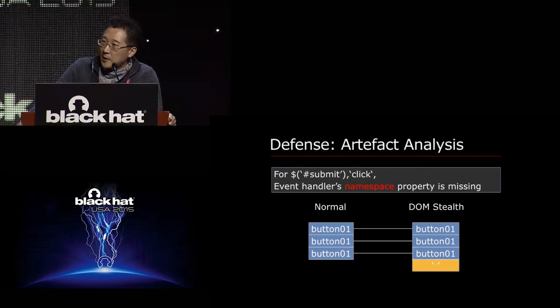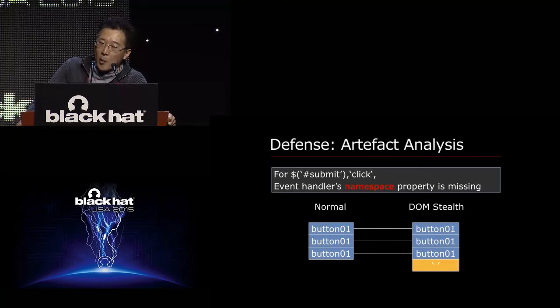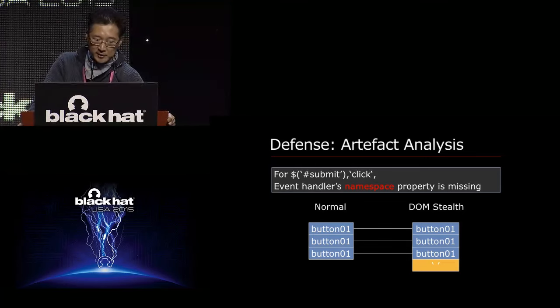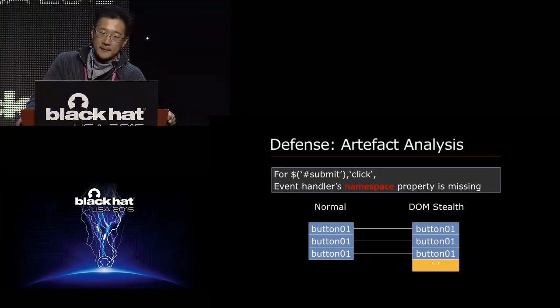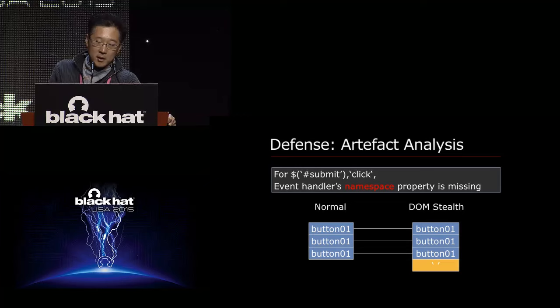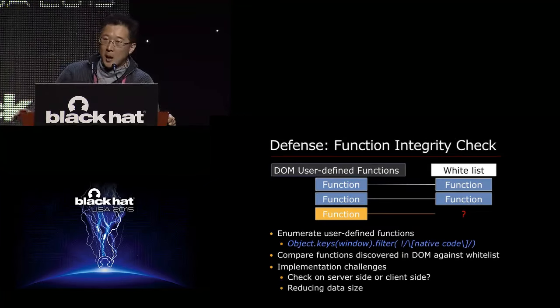I think that could be one of the artifacts you can use for detection. But at the same time, if you dig further, I'm pretty sure there will be some other artifacts as well.